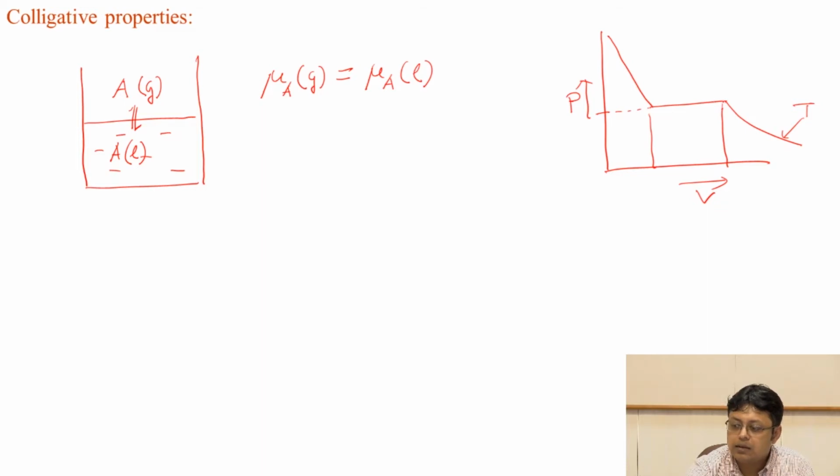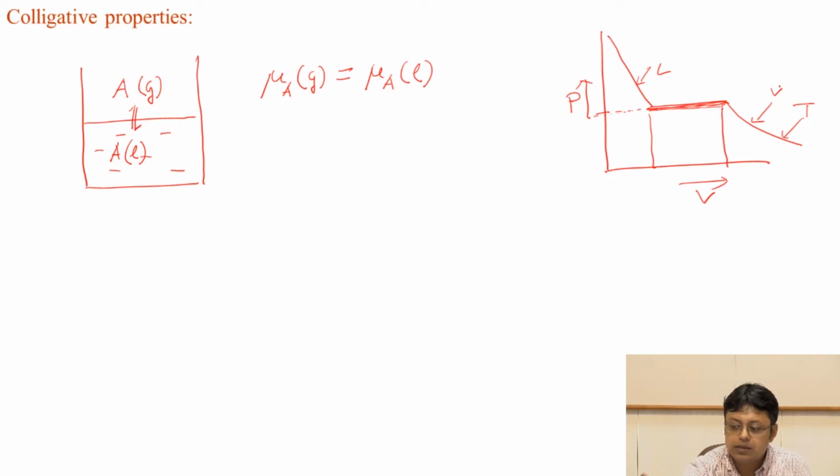For a fixed pressure, you can think of a particular boiling temperature. So for water, 1 atmospheric pressure corresponds to 100 degrees centigrade. When boiling happens, the volume of course changes, but the liquid is now in equilibrium with the vapor. So this is the liquid and this is the vapor.